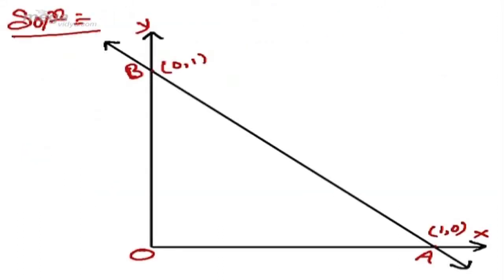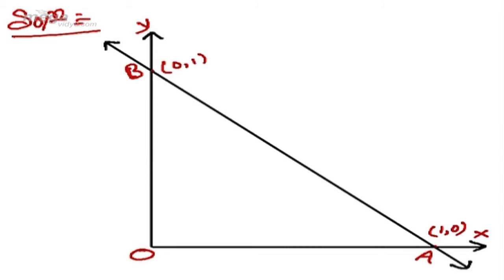First of all, we will draw the figure. So student, this is the figure. The equation x plus y equal to 1 meets the x axis at the point A and the y axis at the point B. Because the equation of the line AB is x plus y equal to 1, the intercept cut by the line on the x axis is 1, and hence the coordinate of A will be (1, 0) and the coordinate of B will be (0, 1).